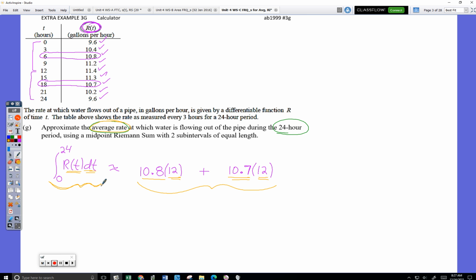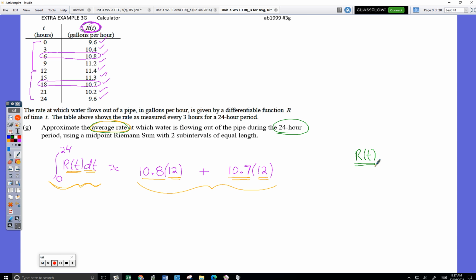Okay, what I'm trying to show you in a roundabout way, I totally understand that, is that if I had 100,000 different values of R, if I had 1,000,000 different values of R, and I want to average them, I have to add them all up and divide by how many I add up.